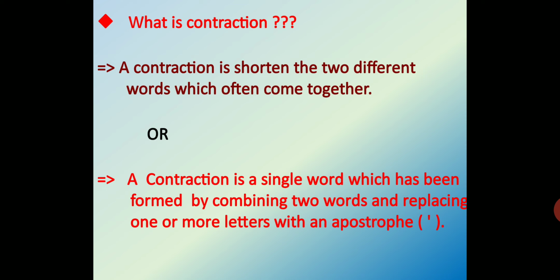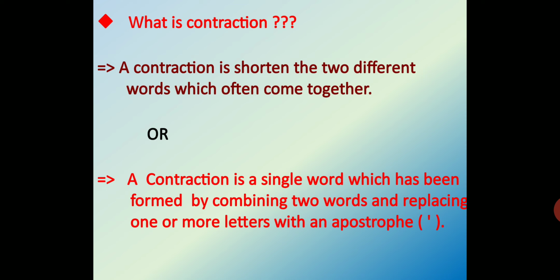It means a contraction is a short form of two different words. In a simple way, you can say that contraction means short form. We make a contraction by combining two words and replacing one or more letters with an apostrophe.